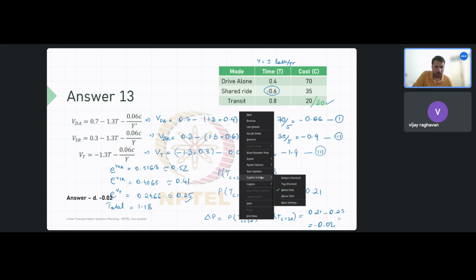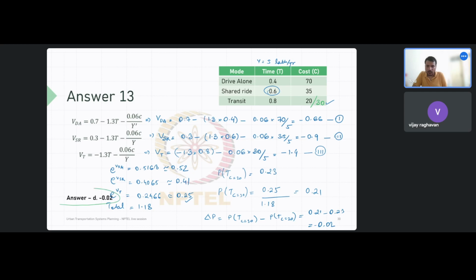Let's mark it. So the answer is D, minus. We can see that the probability of choosing transit has reduced because the fare was increased. Someone choosing transit will now be less probable because it is now expensive. So is it clear? Fine.